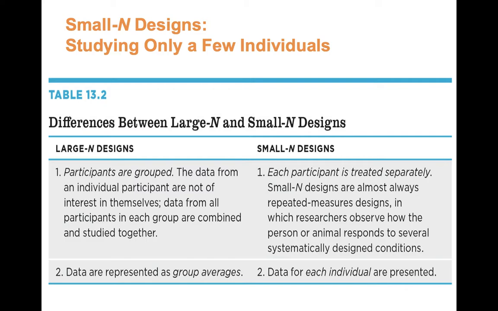A second example might be when researchers are really only interested in a particular person. In certain applied areas of psychology, like behavioral modification or even clinical therapies, the psychology professional is really only interested in understanding or changing the behavior of a particular person.